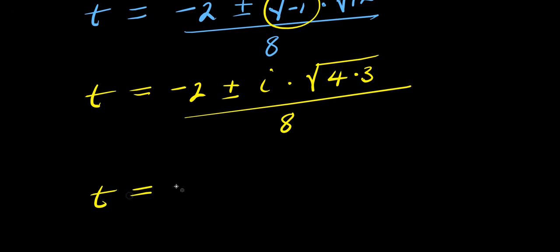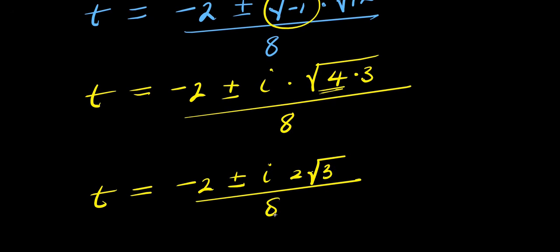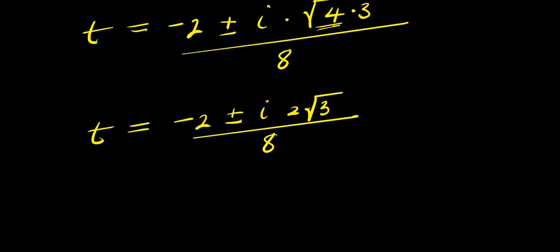From here, you have t equals negative 2 plus or minus i times, you can take square root of 4, that is 2 root 3, divided by 8. So from here, this cancels, cancel 8, you have 4. You have t equals negative 1 plus or minus i root 3, divided by 4.